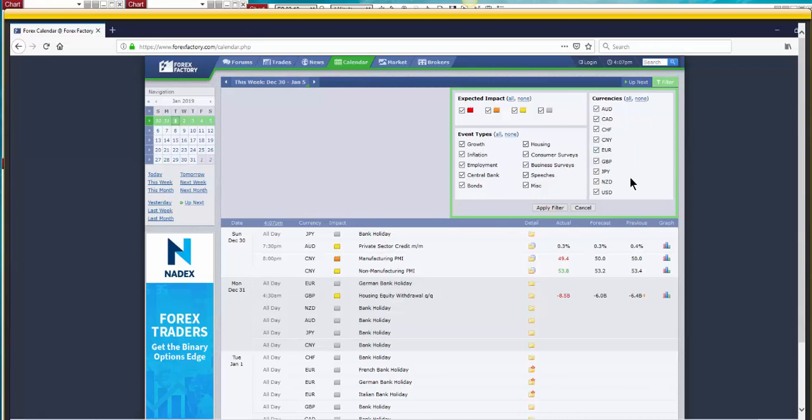So here you can see I have all of them, all of the events, and all of the high, medium, low, and non-economic. I have this pretty wide open. But if you didn't want to see China, you can unclick that, and that would take away the Chinese numbers.